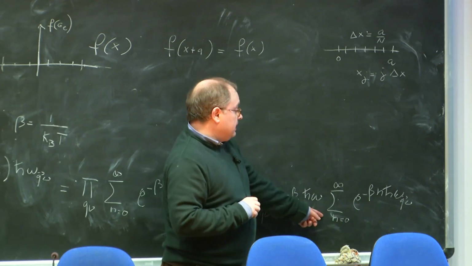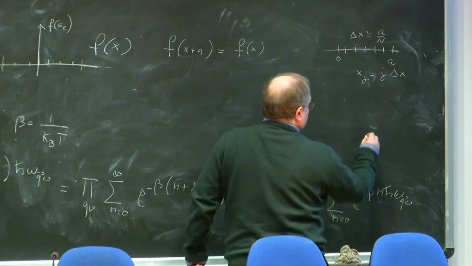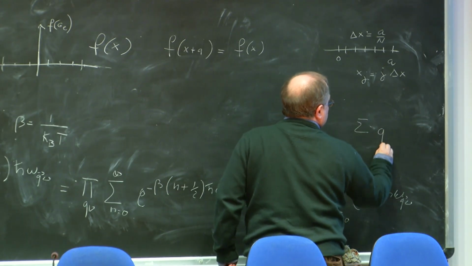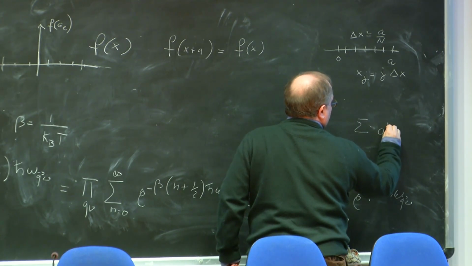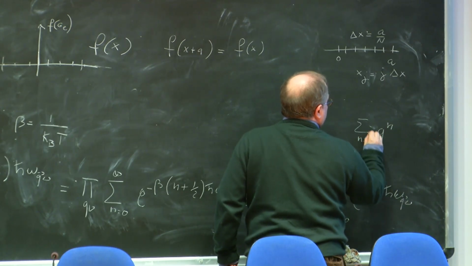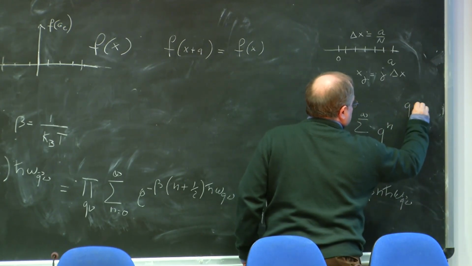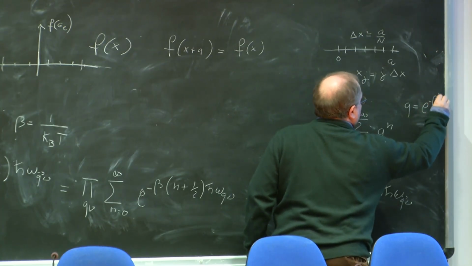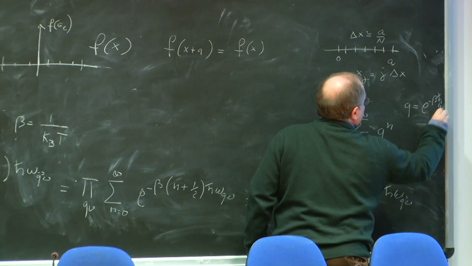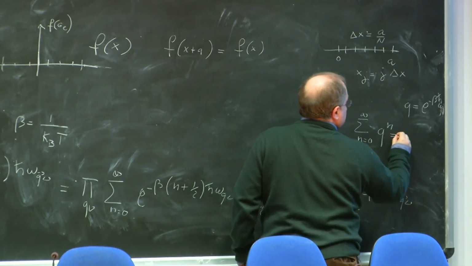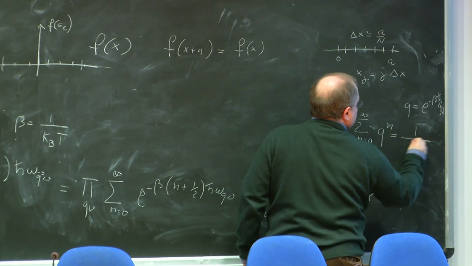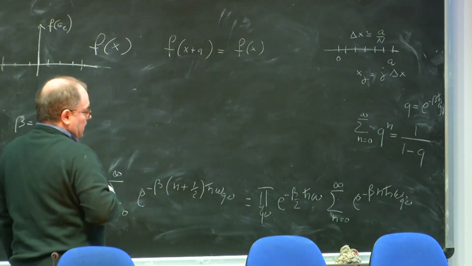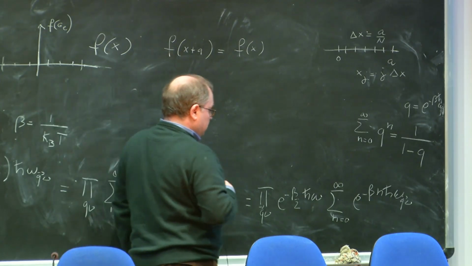So this is a geometric series, usually written as the sum of q^n with n going from 0 to infinity, where this q is equal to e to the minus beta ħω_Qν. And this is equal to 1 divided by 1 minus q. You know that for a geometric series, one can write that expression.